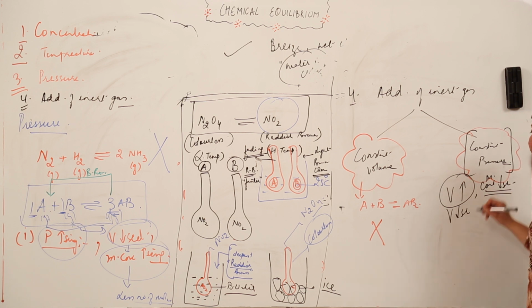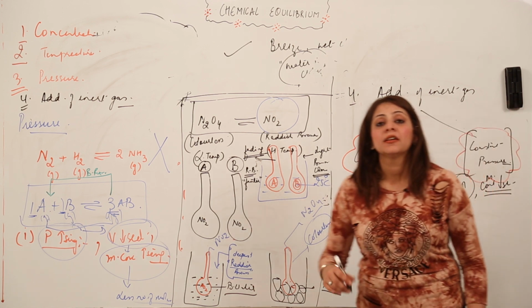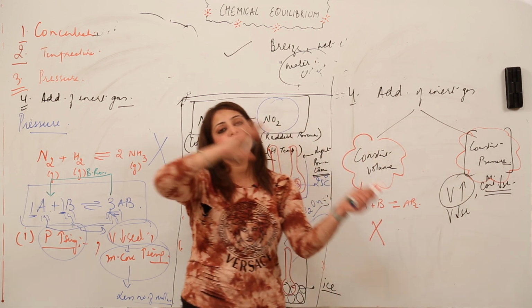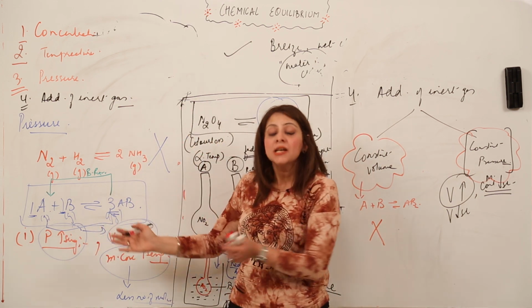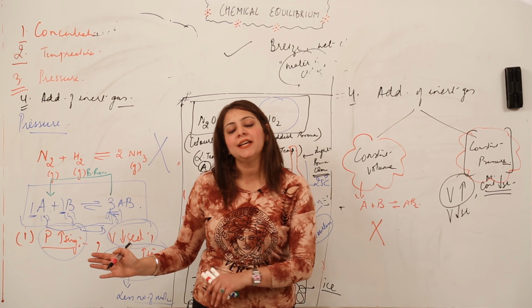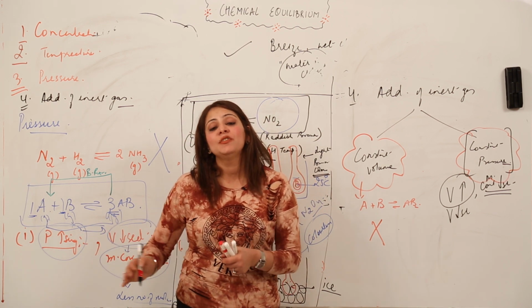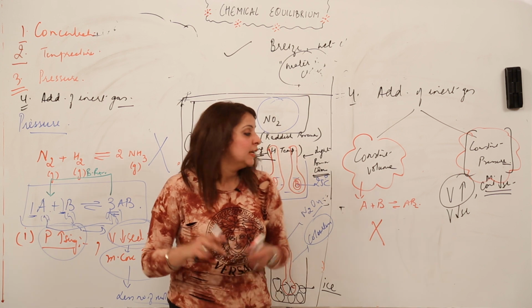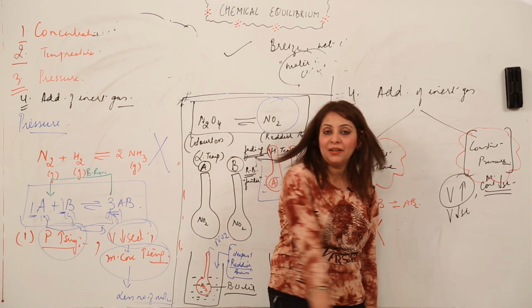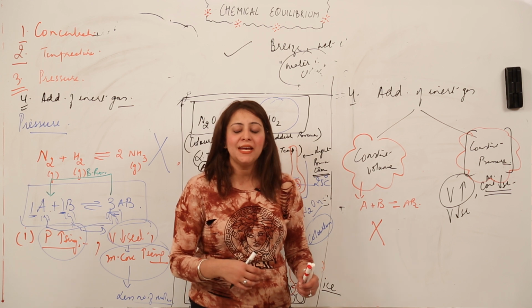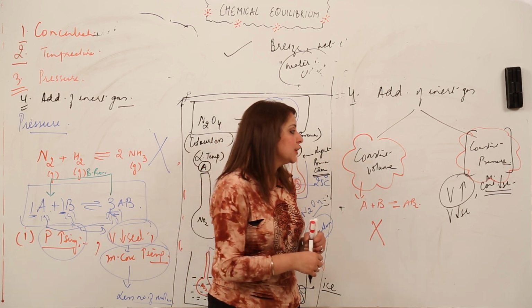Molar concentration decreasing means moles per liter are less now. So the reaction will shift in the direction in which the moles per liter is increasing, as we did in the earlier case. That means the side which has the greater number of moles. And vice versa if we decrease the volume.